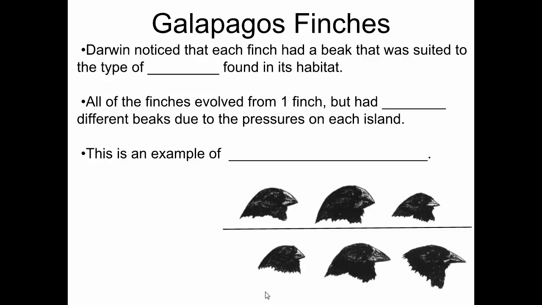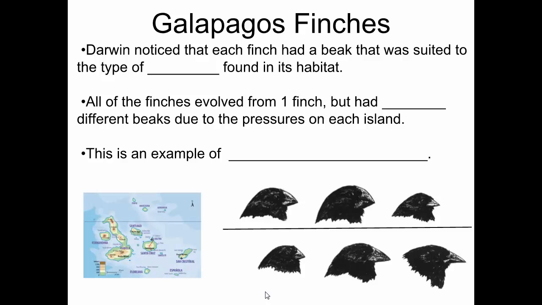On his journey, he carefully observed, collected, and took notes on all the different living things he saw. That led him to think about why there are so many different things, why there is such a diversity of life, and why certain species look similar to others. That allowed him to come up with his ideas about natural selection.